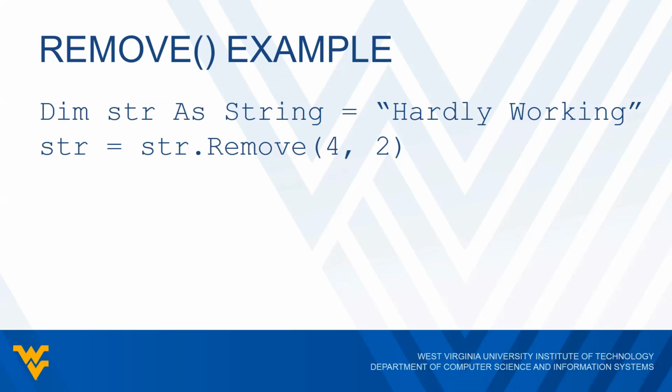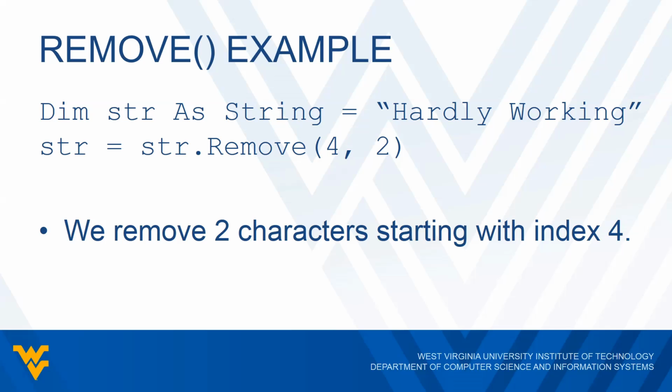Here is an example of where we would use the remove method. So let's say we have a string str and it's initially hardly working. So then we're going to call the remove method and we're going to pass 4 and 2. And what this is saying is that our starting index is going to be 4 and then we're going to remove 2 characters starting from that position.